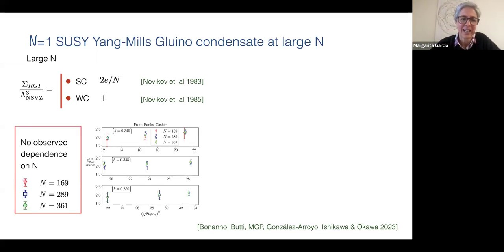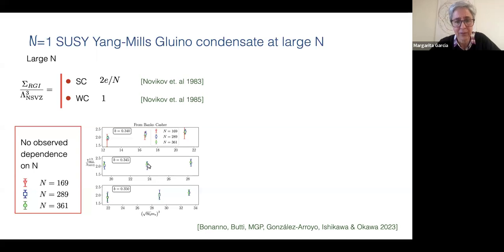We have simulated this and computed the condensate in these units for different values of N. We observe no N dependence. Here I'm showing this quantity as a function of the pion mass.